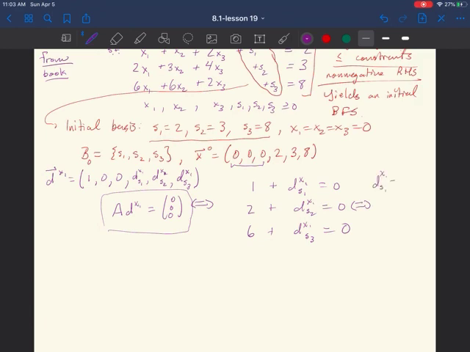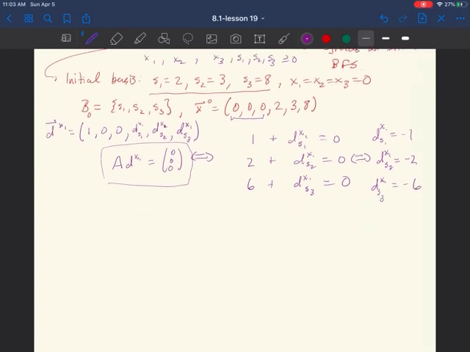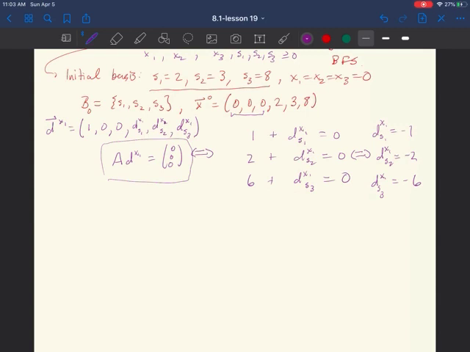I don't need anything special to solve this: dx1 s1 equals -1, dx1 s2 equals -2, and dx1 s3 equals -6.